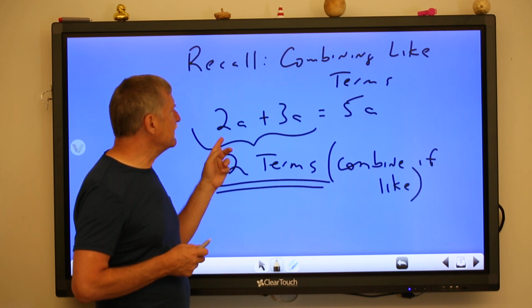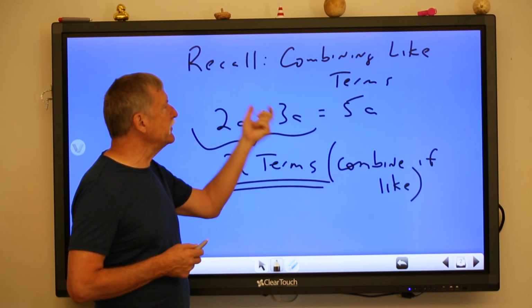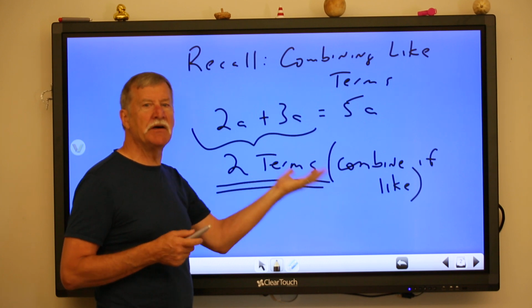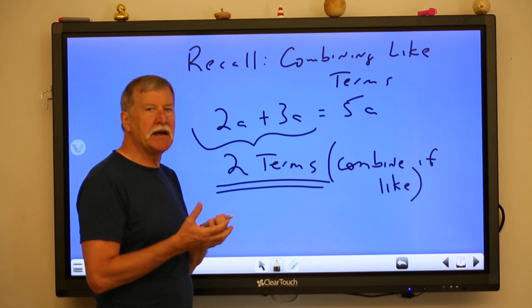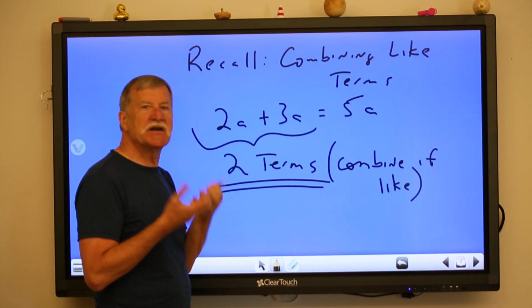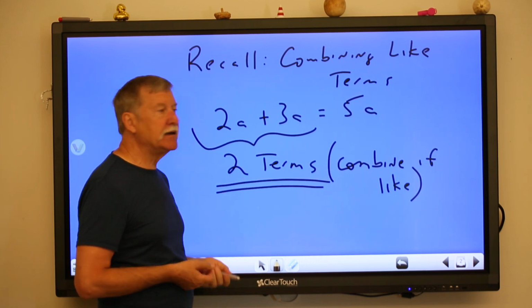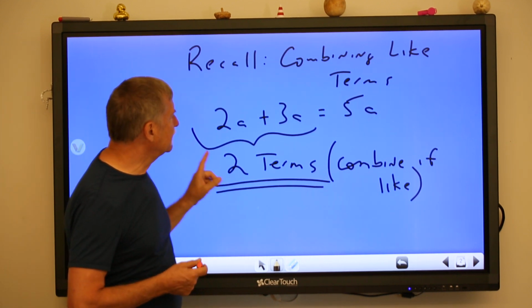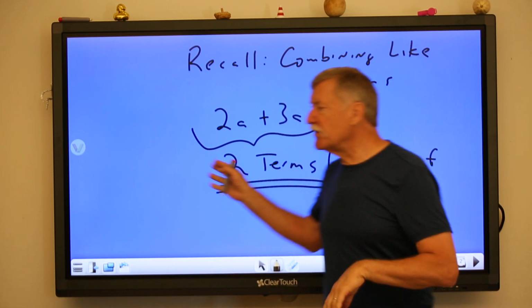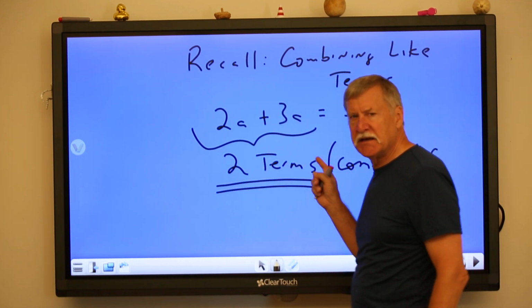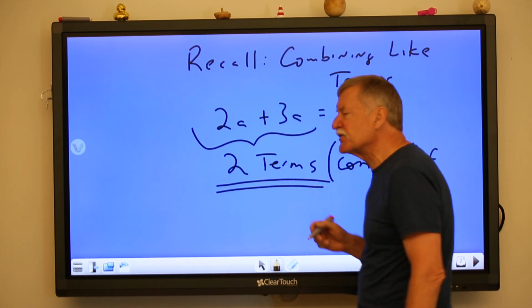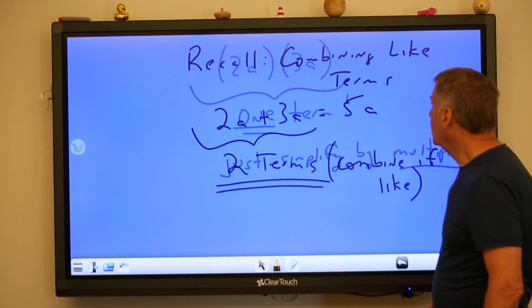So again, I've got 2 of these things, and 3 more of these things gives me 5 of these things. That's combining. Apples plus apples makes more apples, all right? Now, again, we're doing more than one term here, all right? This is one key to recognize what's going on, all right?